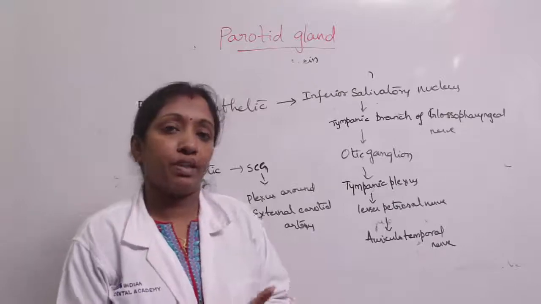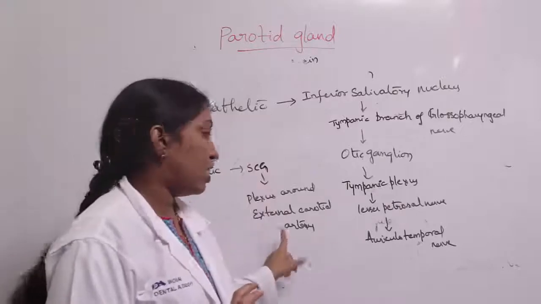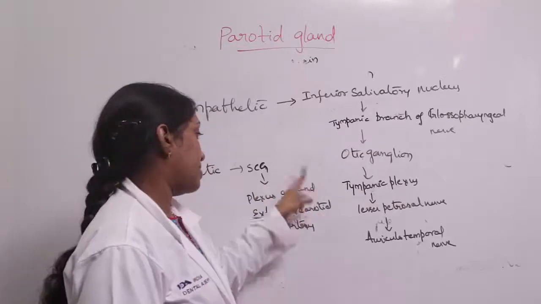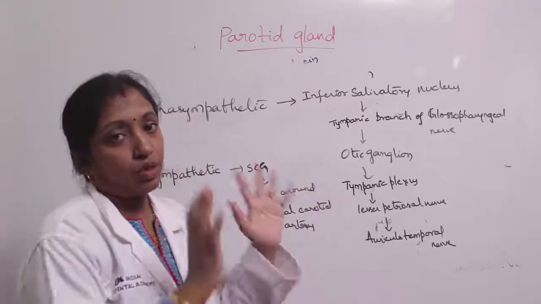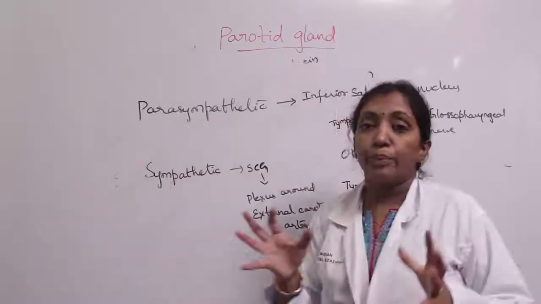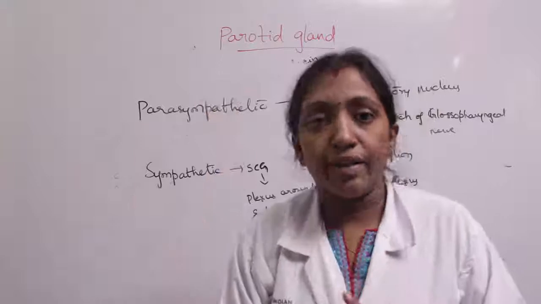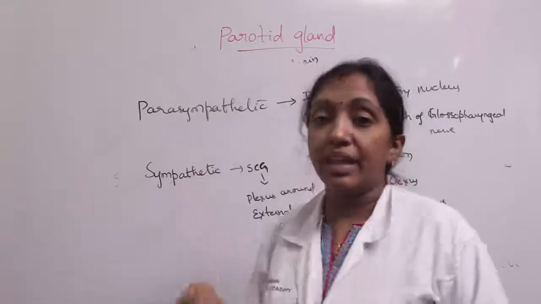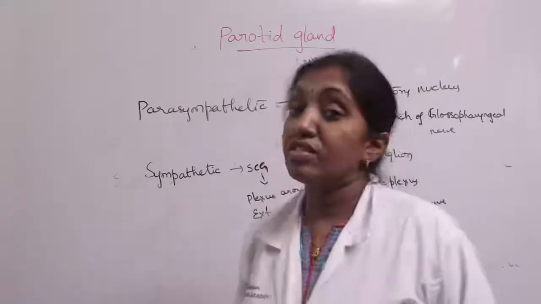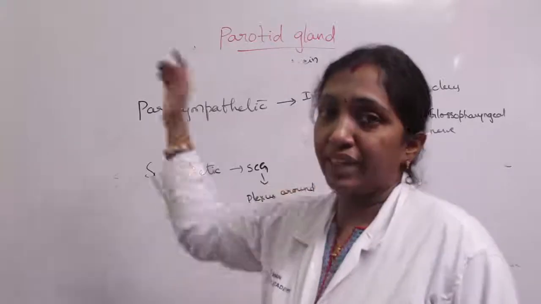In the parotid gland, the external carotid artery is there, so they form plexuses around the external carotid artery, and through the plexuses they supply the gland. The stimulation of the sympathetic fibers causes mucus rich sticky secretions, while the parasympathetic stimulation causes watery rich secretion. The sympathetic fibers are also vasomotor.